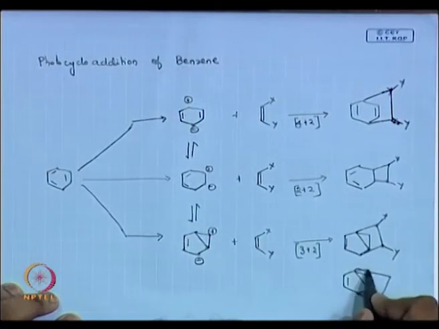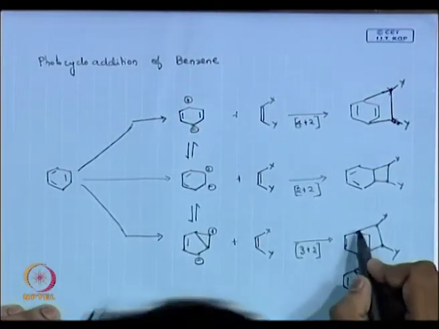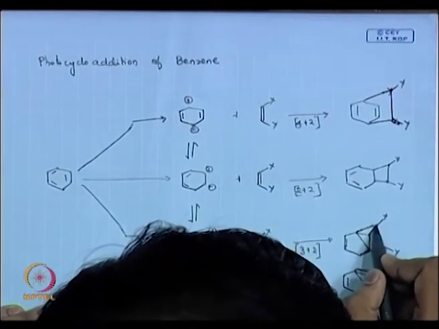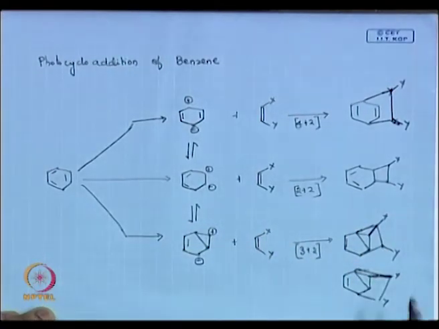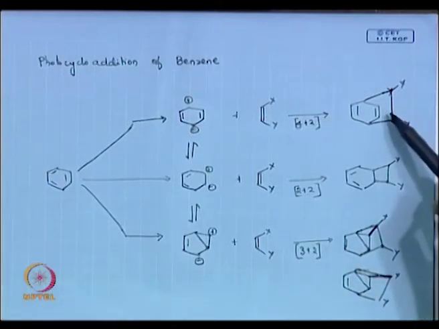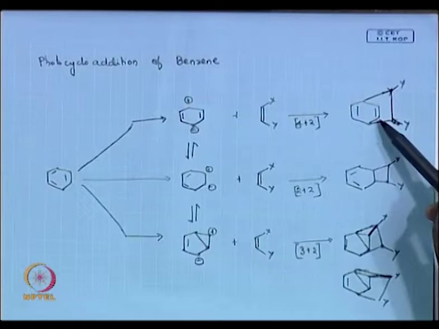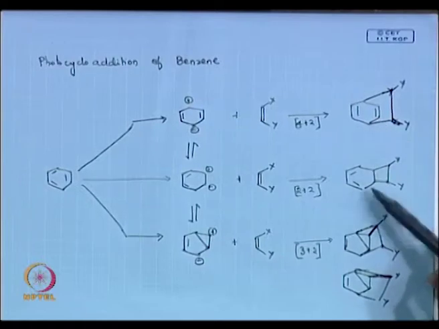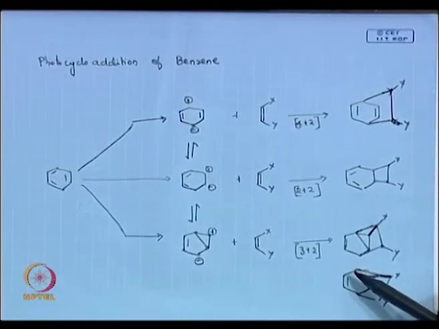Oh, sorry, I have taken from here X Y. So, I can think of now 3 products, 1 4 plus 2, okay, 2 plus 2 and 3 plus 2.